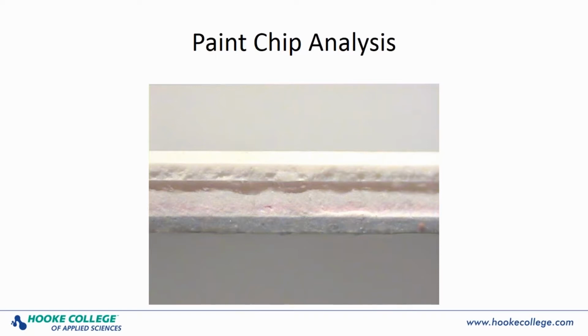Paint samples. When examining paint chips, color, texture, and layer structure are certainly important, but the analyst may also want to perform microchemical tests to determine the chemical composition of the pigments or the binders present.